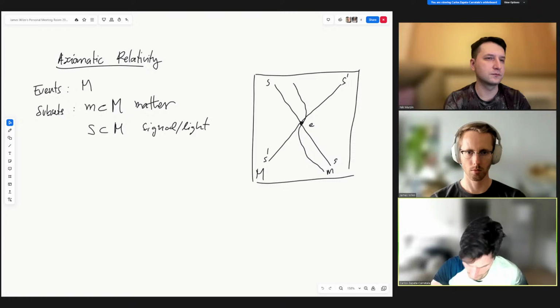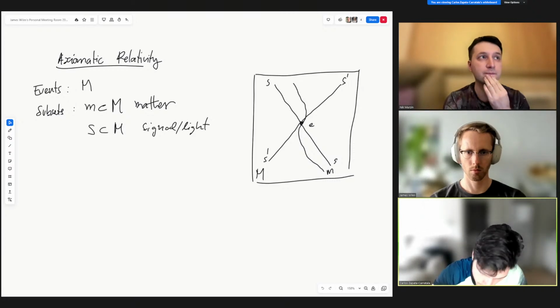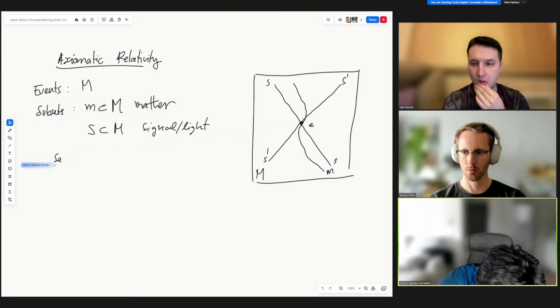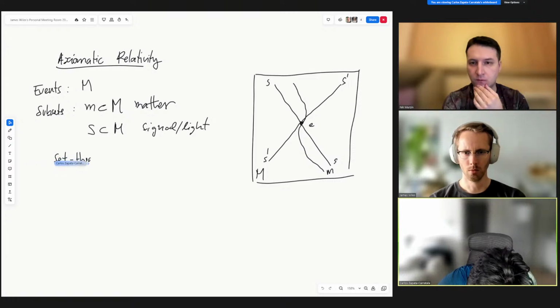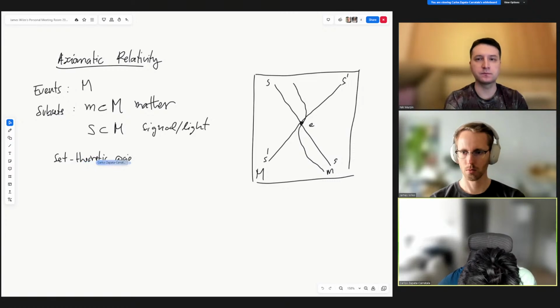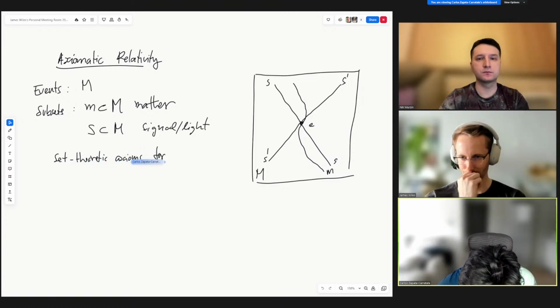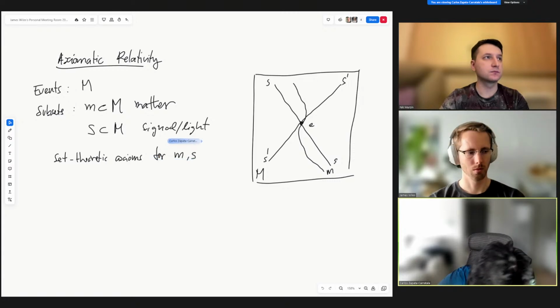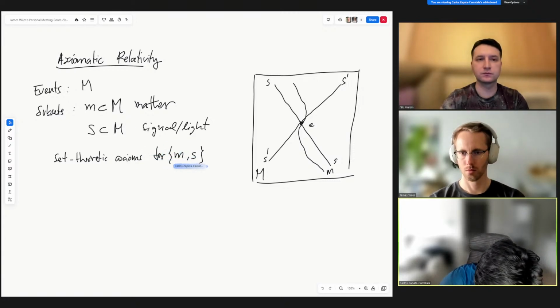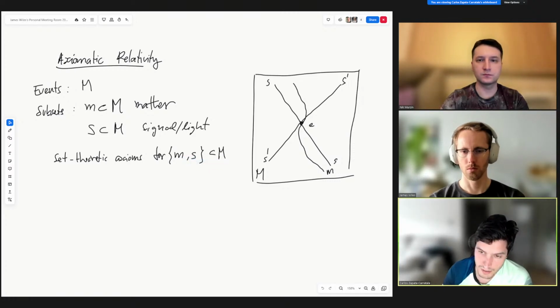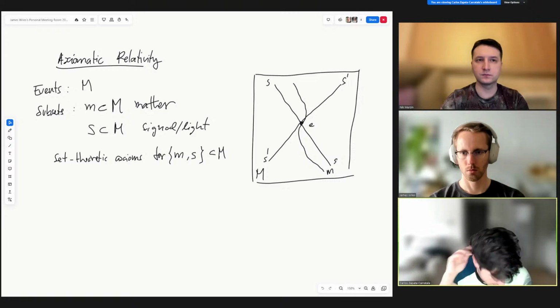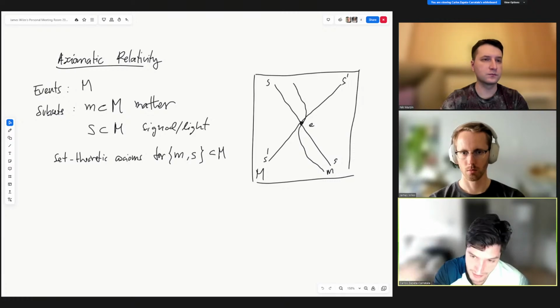So the idea is that you assume some set theoretic axioms for the collection of all these subsets of M. These axioms are essentially just saying that you have something like a light cone structure.